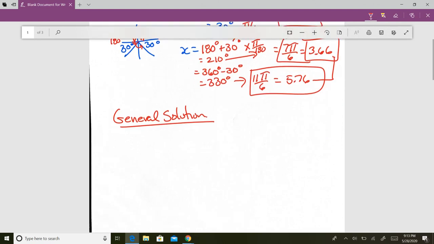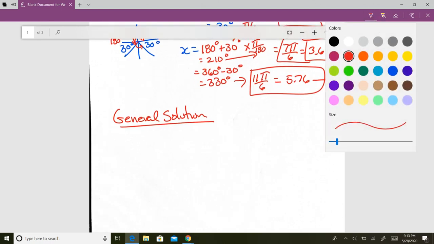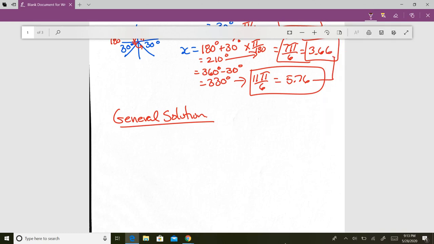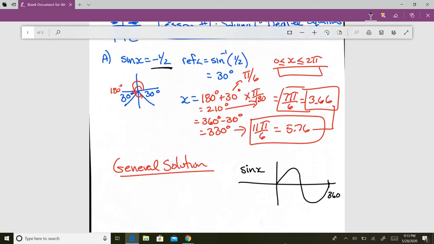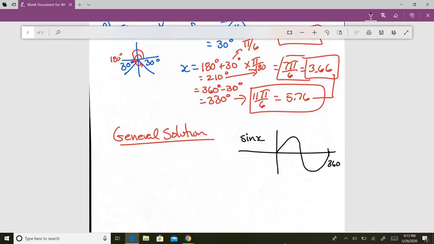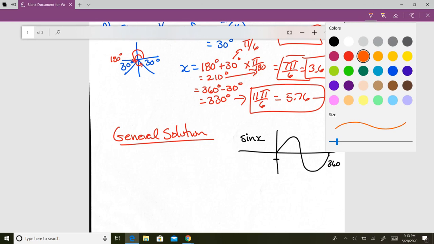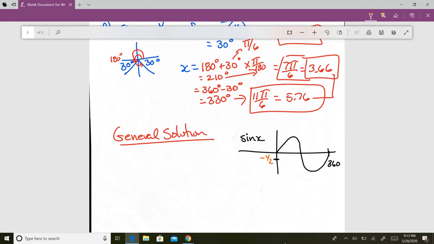But if you remember the sine graph, and hopefully you guys do, the sine graph, sine of x, looks like this. And that's 360, right? And when we say sine x is equal to negative 1/2, what we're saying is we draw the line, do it in a different color, at negative 1/2, it's a horizontal line.